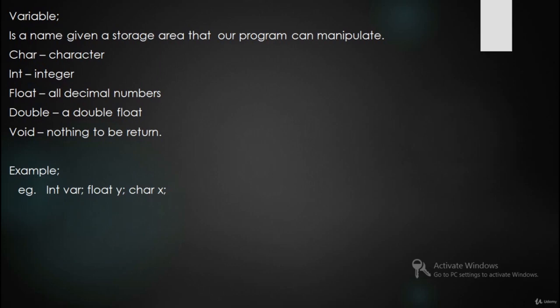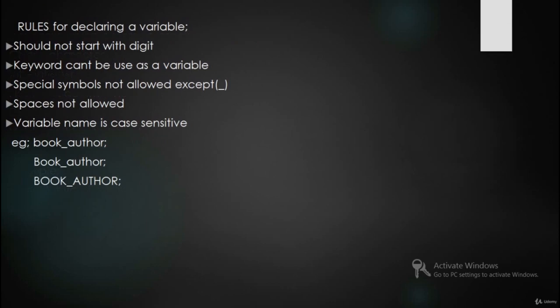Now we have rules for declaring a variable. For instance, rule number 1 states that a variable should not start with a digit. You can't start a variable name with a number. 2.